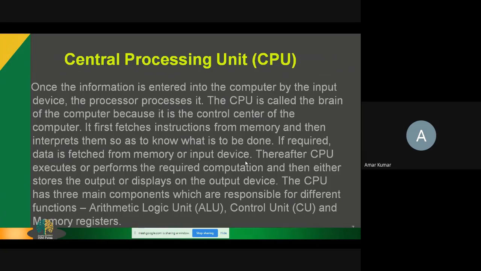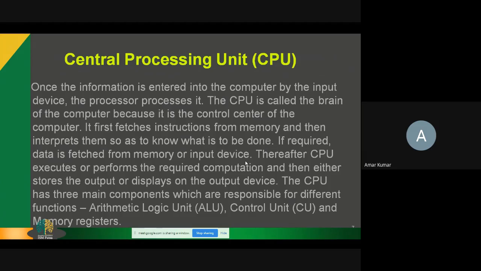It first fetches instructions from memory and then interprets them so as to know what is to be done. If required, data is fetched from memory or input device. Therefore, CPU executes or performs the required computation and then either stores the output or displays it on the output device.